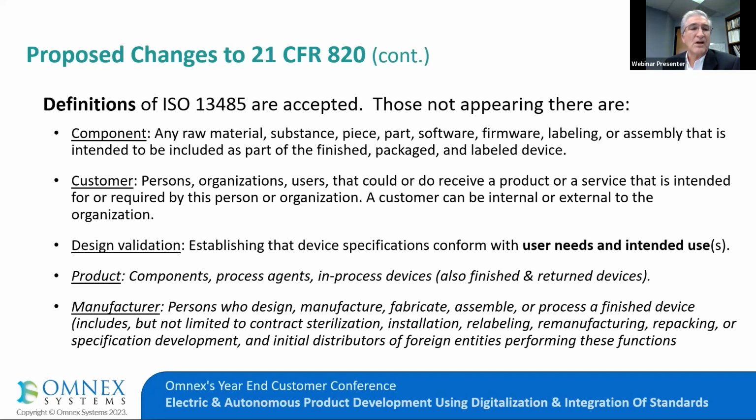Customer, who different customers are: persons, organizations, users, product or service. Design validation clarifies design validation as specifications conforming to user needs and intended uses. Definitions for product and manufacturer are part of ISO 13485, but are only clarified in Part 820 for use.